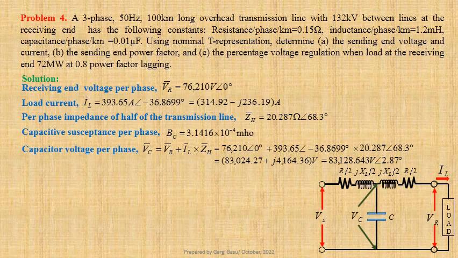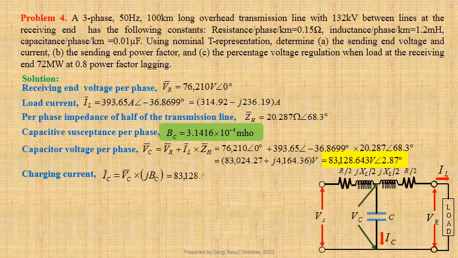Now we shall calculate capacitor charging current. IC equals to Vc into J times Bc. Using values we get 83,128.643 at an angle 2.87 degree into 3.1416 into 10 to the power minus 4 at an angle 90 degree.